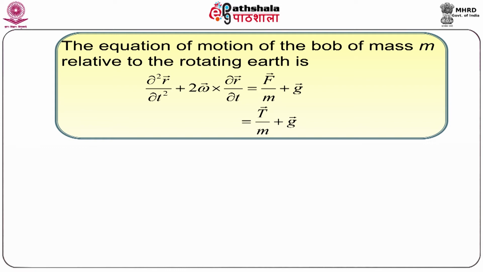In this case, it is equal to the tension of the string, that is capital T vector. Small g vector is the acceleration due to gravity. That is why we have replaced capital F vector by capital T vector and obtained the next line. Omega is the angular velocity, r vector is the position vector of the bob.